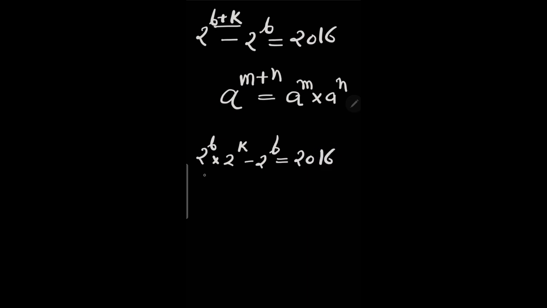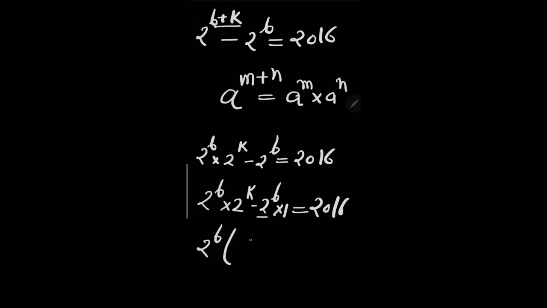Now we can write 2 raised to b multiplied by 2 raised to k minus 2 raised to b multiplied by 1, because multiplying any number by 1 makes no change, is equal to 2016. 2 raised to b is common, so we take it common: 2 raised to b times (2 raised to k minus 1) is equal to 2016.